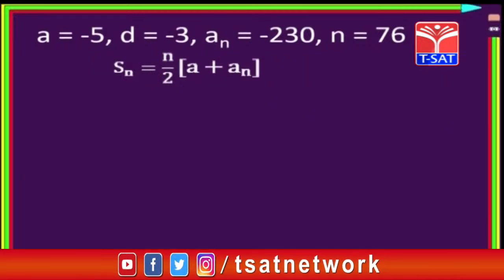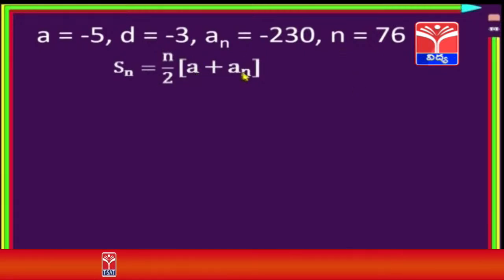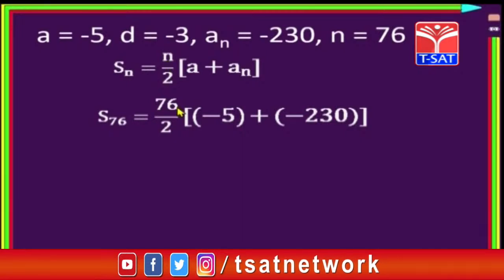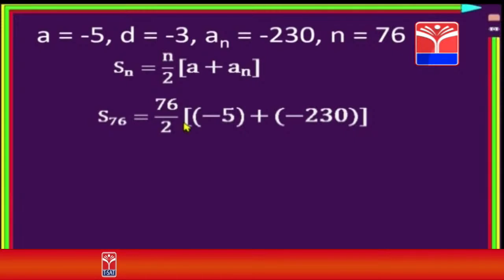Otherwise we have a simpler formula, that is Sn = n/2 × (first term + last term). So this is also a formula, right? Here we have the first term and the last term, so we can solve directly. So S76, the n value is 76, is equal to 76 by 2 into, maintain brackets, brackets are very important.